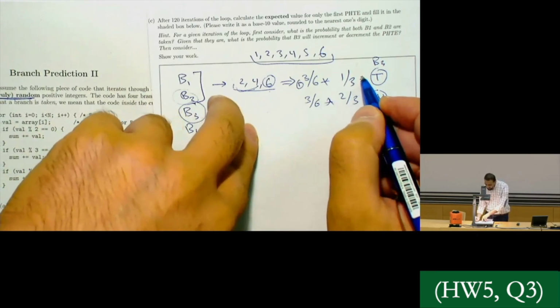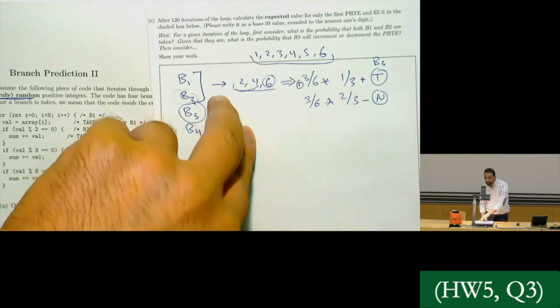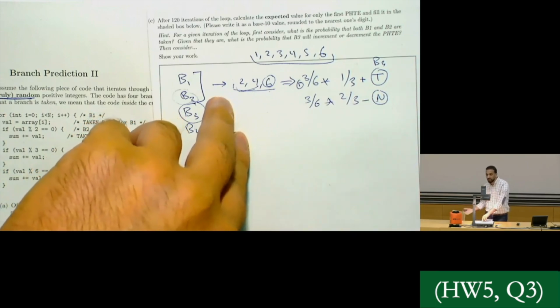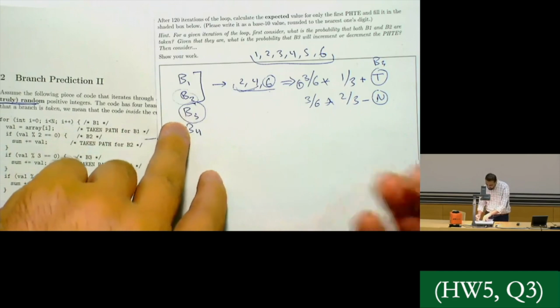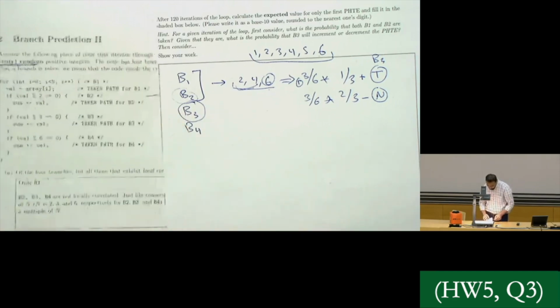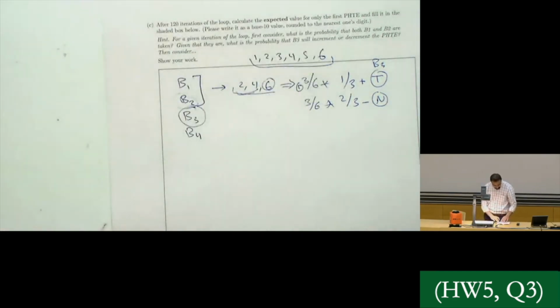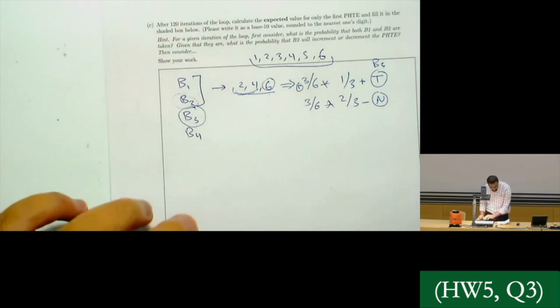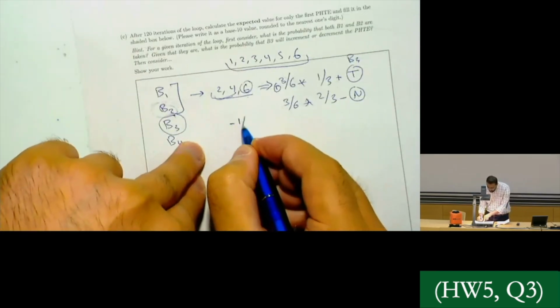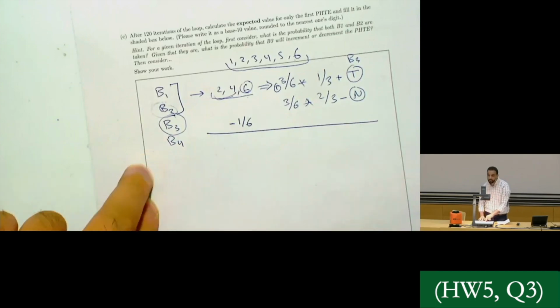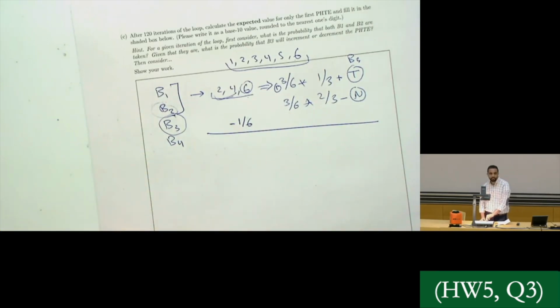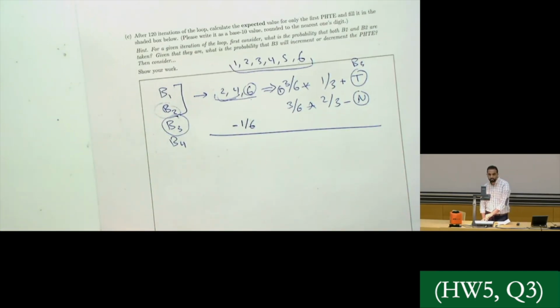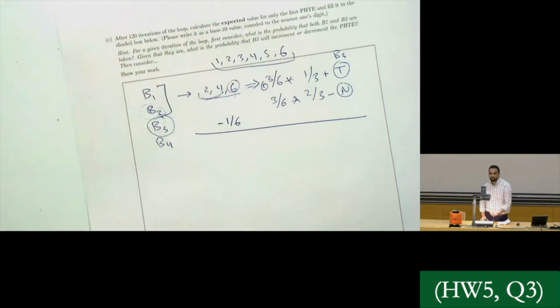Again, this should be plus and this should be minus, because I'm decrementing whenever a branch is not taken. So do the math, you will get minus 1 over 6. Any questions so far? Just add them together, that's it. Simple math, right?